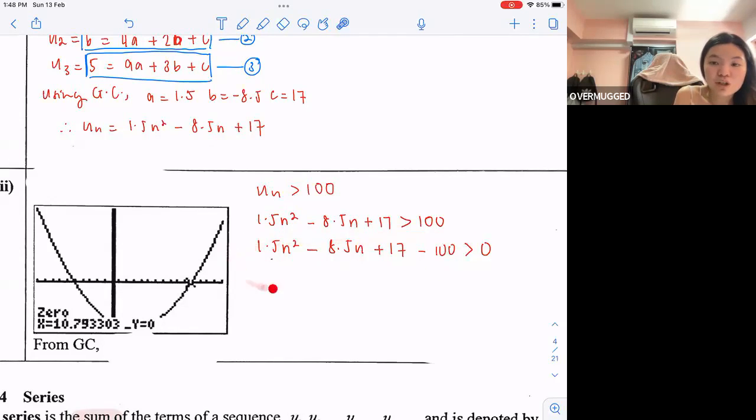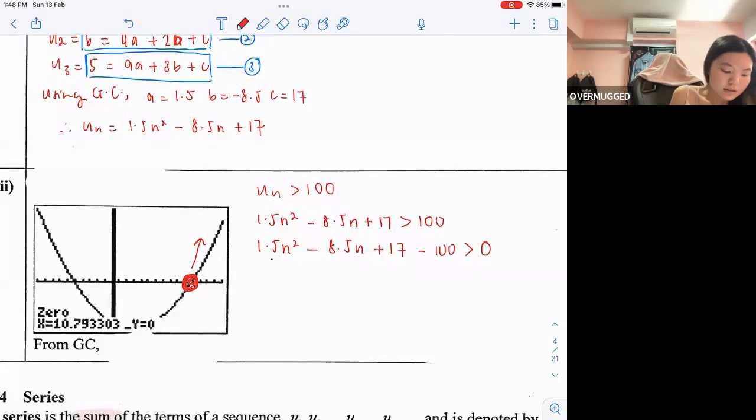And when you put it into your GC, you will get this graph over here. And you will see that for it to be more than 100 means it has to be above the x-axis. So this is one of the points. It has to be greater than 0.